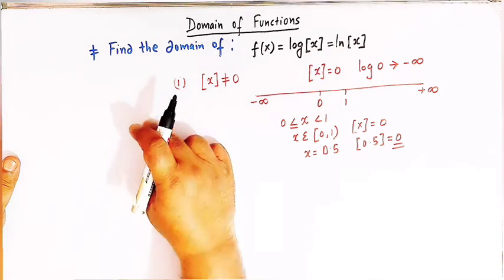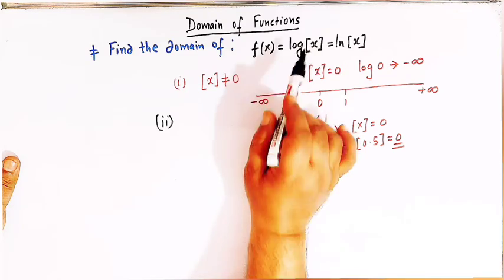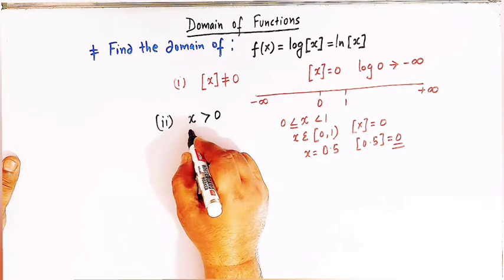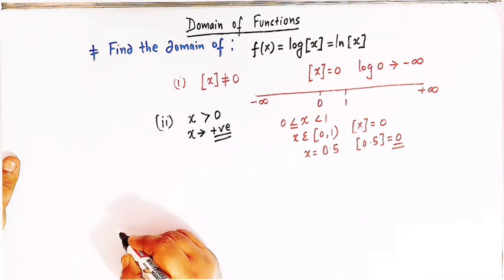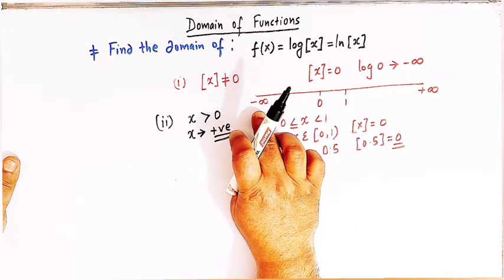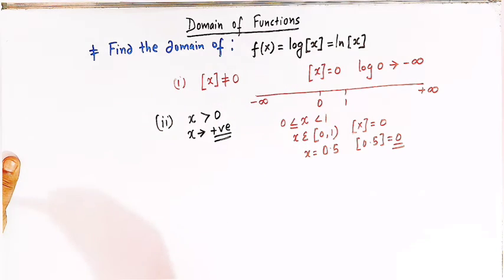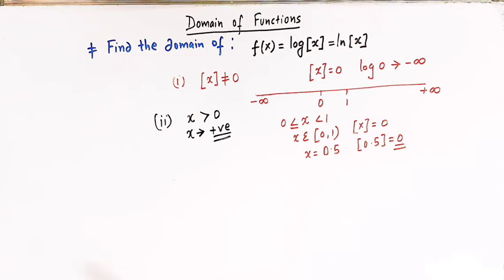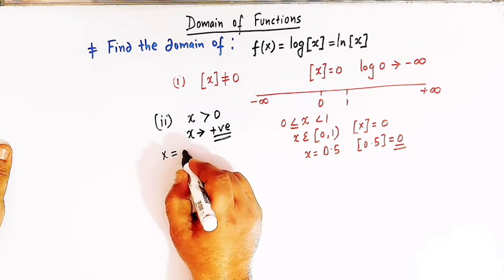Now the second important point is that here we have greatest integer of x, and this x must be greater than 0. Or in other words, x should be a positive real number, right? So we can easily discard all the negative numbers, because the greatest integer of a negative number will give us a negative number, right? Now let us take an example. Suppose x is equal to minus 1.